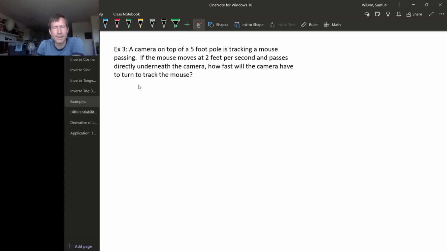So what I have in mind here is the camera's up here, right? It's 5 feet above the ground, and the mouse is traveling by like this at a rate of 2 feet per second.